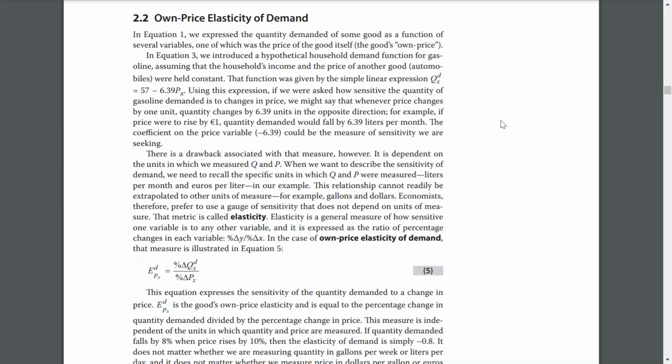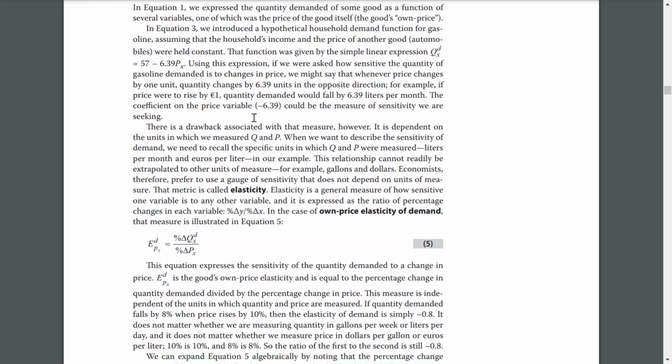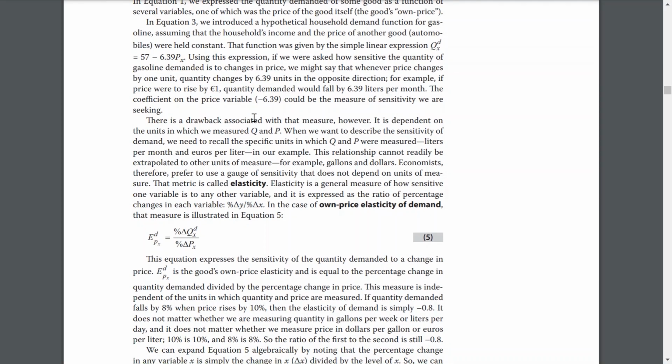The function was given by a simple linear expression, QD equals 57 minus 6.39P. Using this expression, we were asked how sensitive the quantity of gasoline demanded is to a change in price.